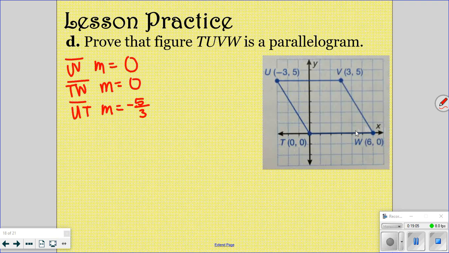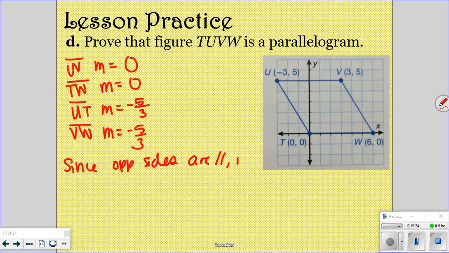And then VW, 1, 2, 3, 4, 5, 1, 2, 3. So since opposite sides are parallel, UVWT is a parallelogram. So that's really all you have to prove on that one.